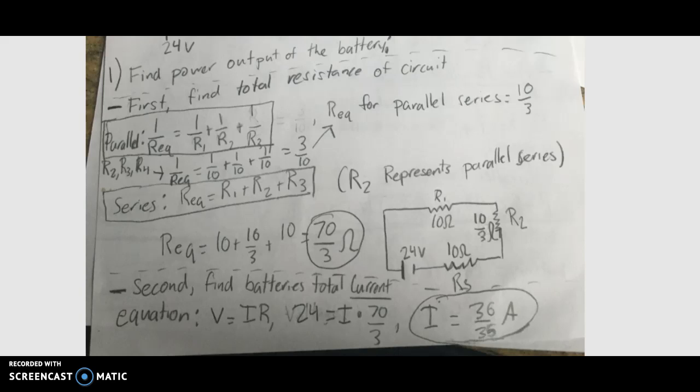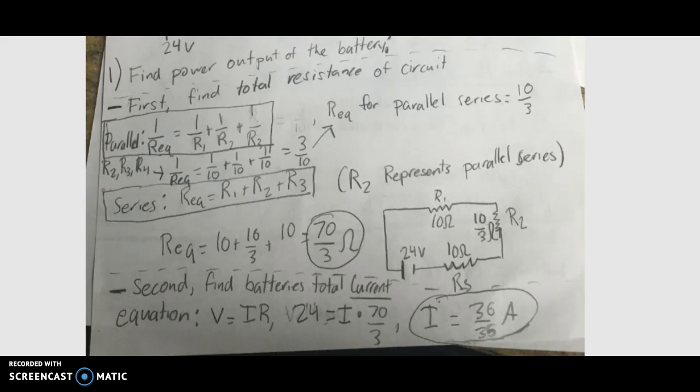So we have 1 over the resistance equal to 1 over 10 plus 1 over 10 plus 1 over 10, which is equal to 3 over 10. So since 1 over the entire resistance is 3 over 10, the actual resistance is 10 over 3.